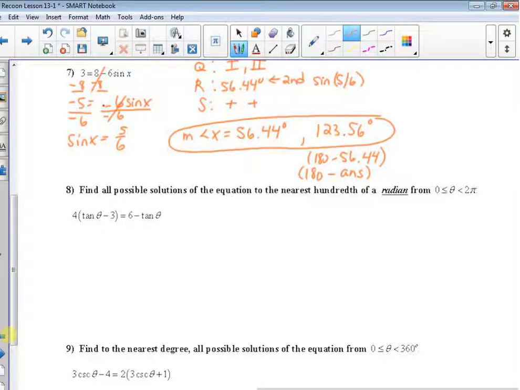Now the next one says find all possible solutions in radians. So I'm going to go to radian mode. So first let's solve it. So I'm going to get 4 tan theta minus 12 equals 6 minus tan theta.